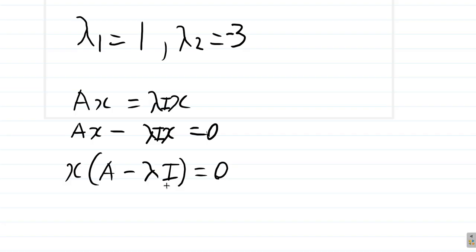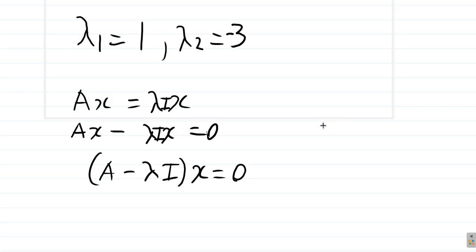Now, in this case, let me put x on the right. X is a 2 by 1, it's a column matrix. Let's move all of these things to the right to make space, and x would come here.